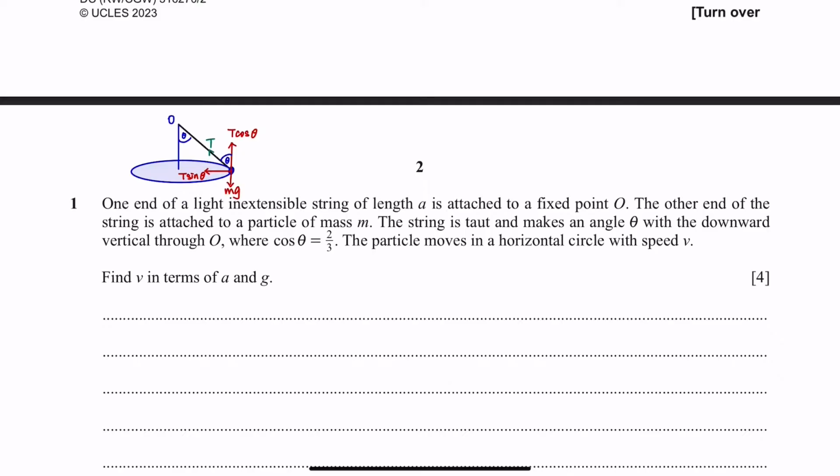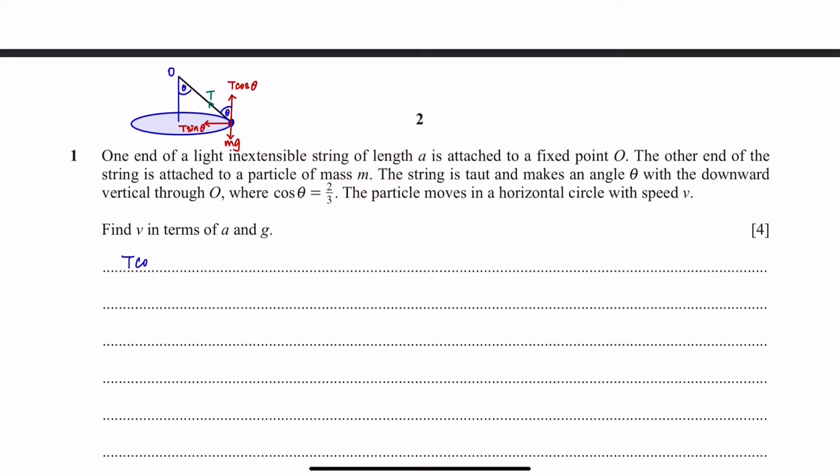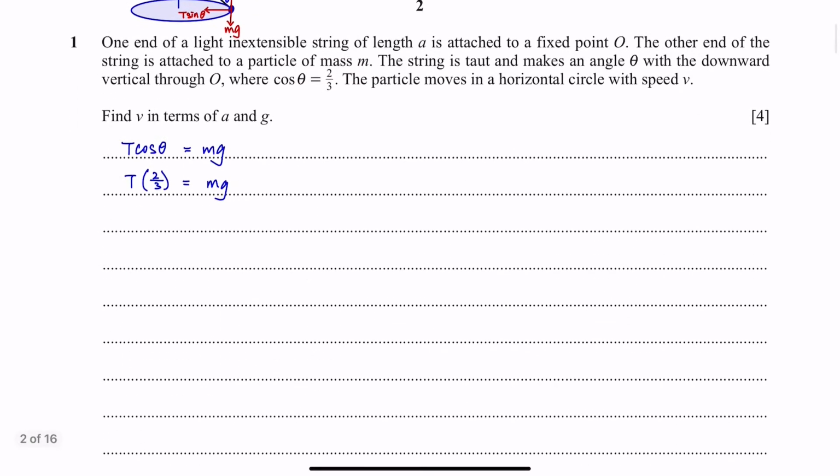So for the vertical component, T cos theta should be equal to mg, the weight. And cos theta is 2/3. So we know that T is 3/2 mg.